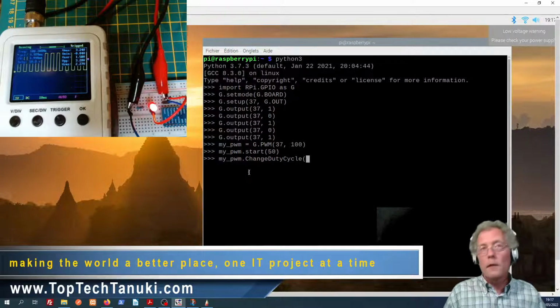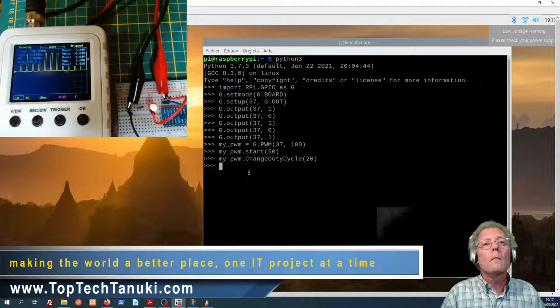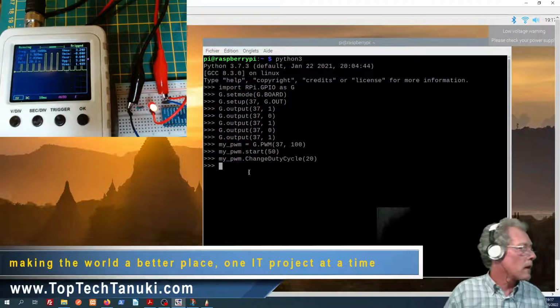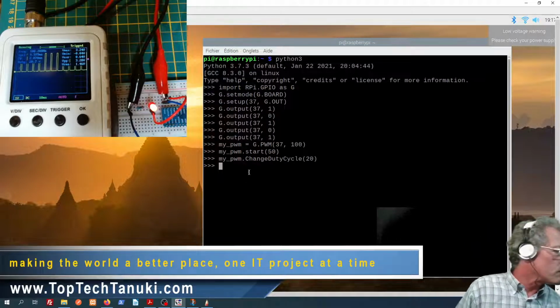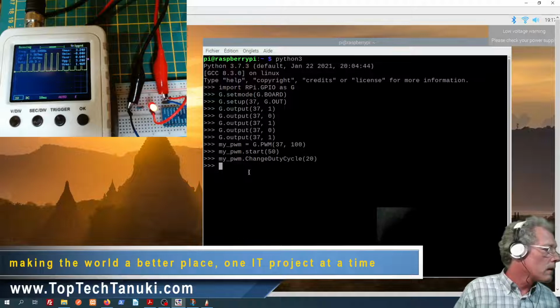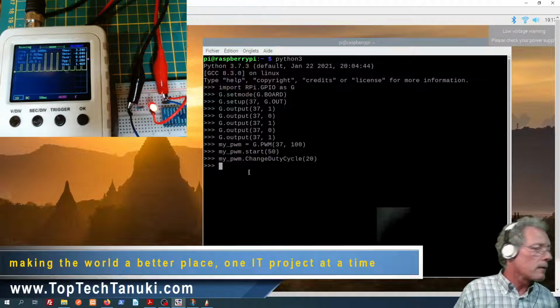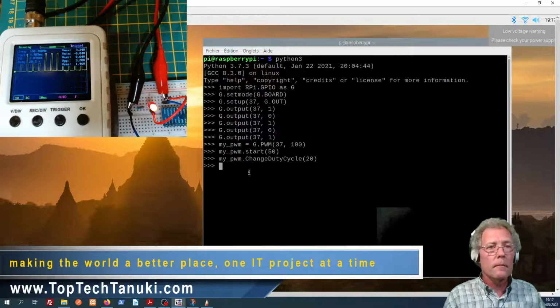And we will set it at 20. Yes, boom. Okay. So it's not very obvious about the brightness here, but on the scope you see that the duty cycle has dropped. It's very thin now. I mean the on part of the period.